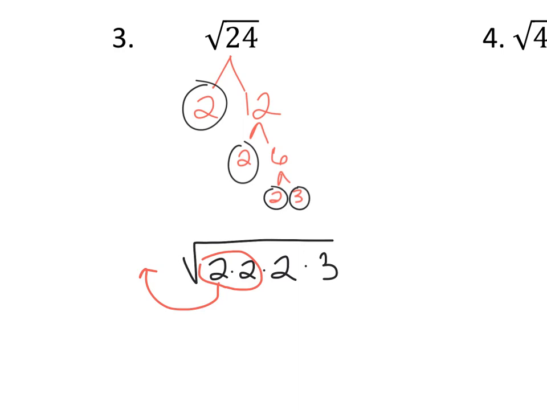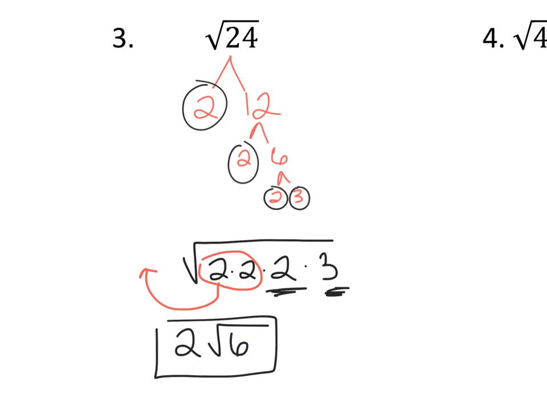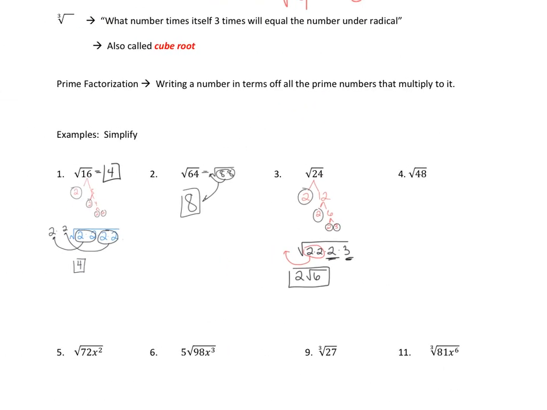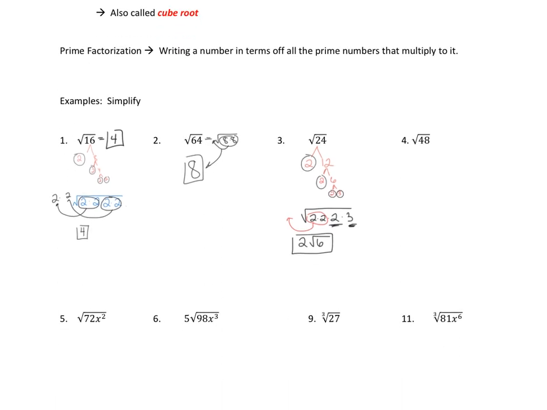Which means that my 2 times 2 just becomes a 2. If you look on the inside, there's nothing for my 2 to double up with now, or my 3 to double up with. So I just do 2 times 3, and that gets me a 6. So my final answer is 2 radical 6. That is what radical 24 is equal to. And that's all you do for these questions.